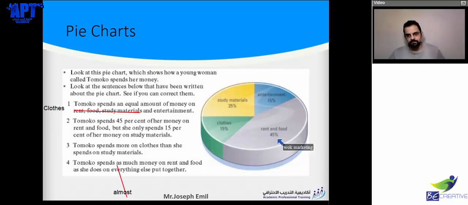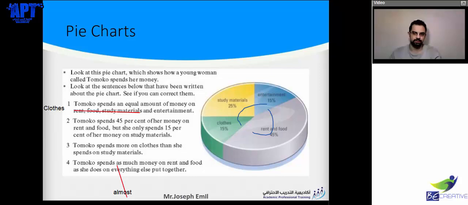So you can find the largest piece, or the thing that she spends the most money on, and compare it to the rest of the parts of the pie chart and see if they are more or less equal. So this one and this one can be compared.